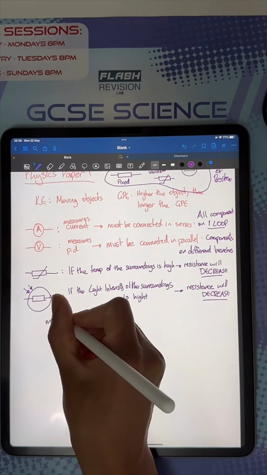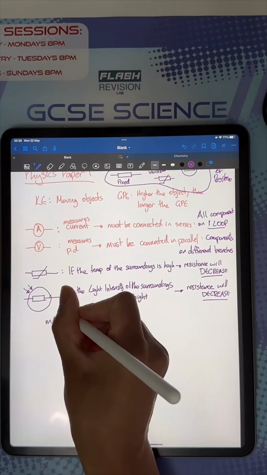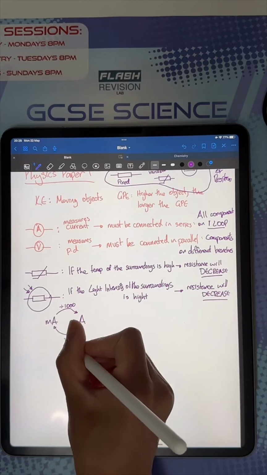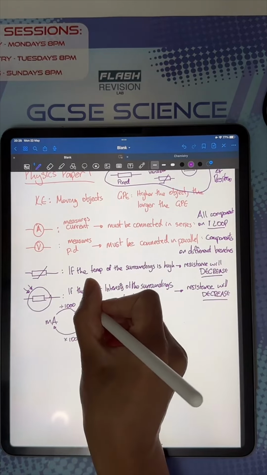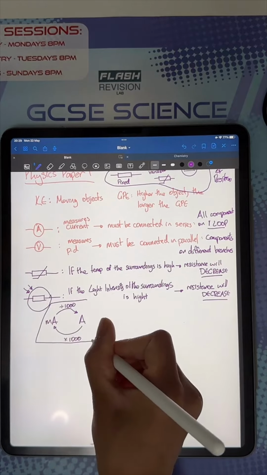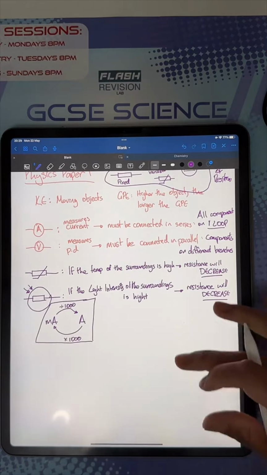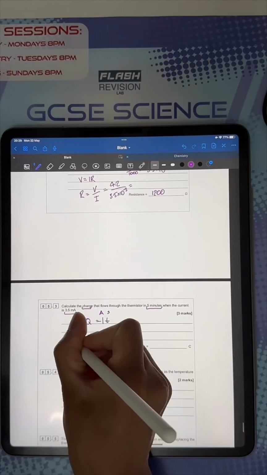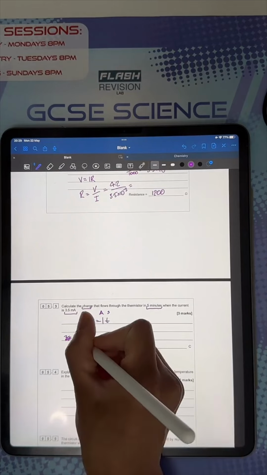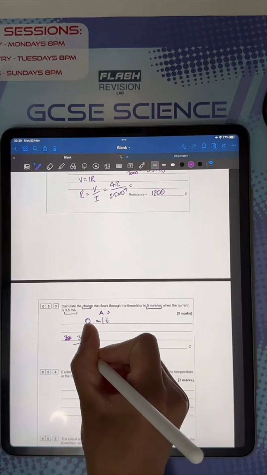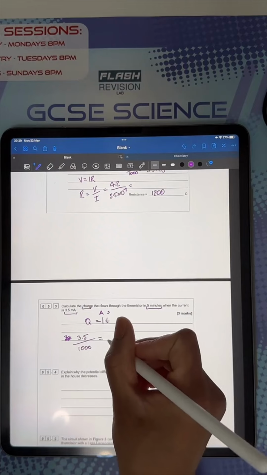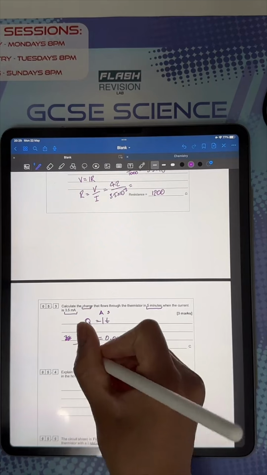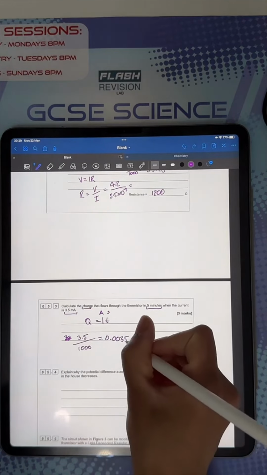So milliamps to amps, divide by 1,000. Amps to milliamps, times by 1,000. I'll let you screenshot this at the end. All right, so 3.5 divided by 1,000 gives you 0.0035 amps.